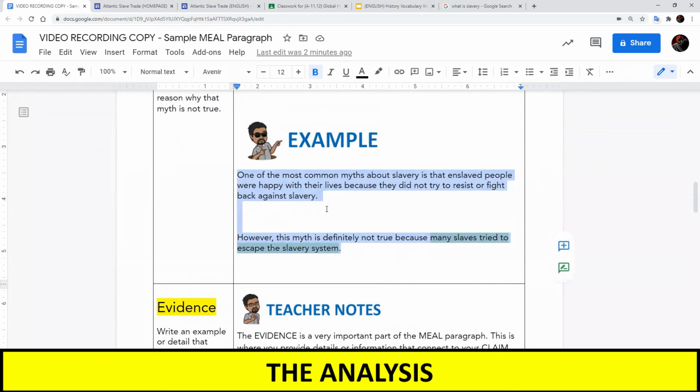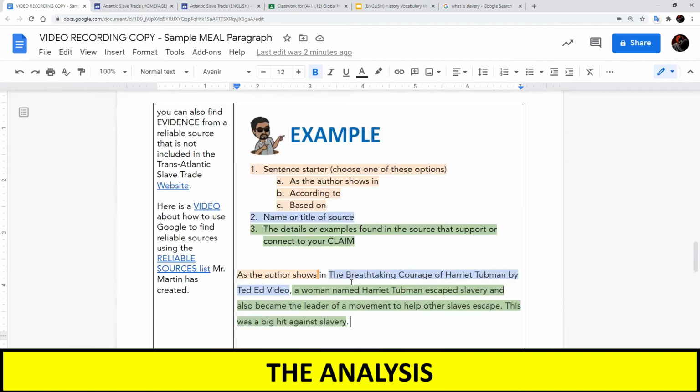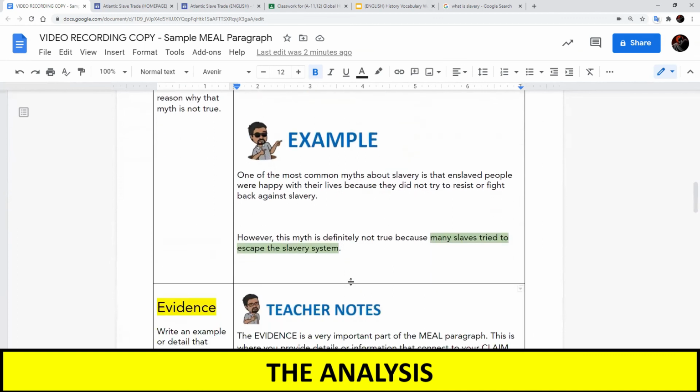So for this specific example, your analysis should talk about how this evidence that you've listed about Harriet Tubman connects to your claim, which focuses on the fact that slaves tried to escape the slavery system, and so that demonstrates that enslaved people were not happy, because they were trying to resist and fight back.